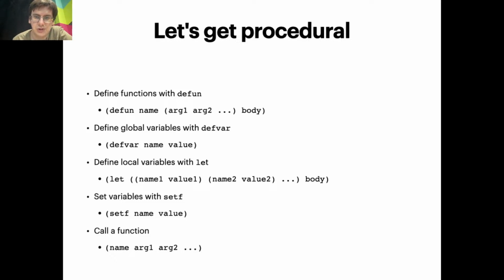So basically anything that is in the body gets evaluated with the environment that is defined by the pairs within let of names and values. Then we can set the variables with setf, and we can call functions by having a form that is a list that starts with the symbol that denotes our function.